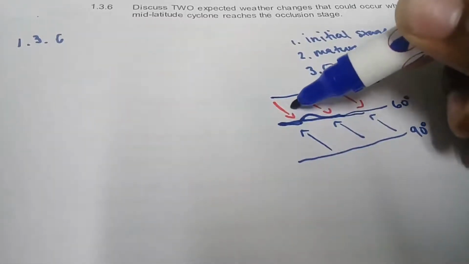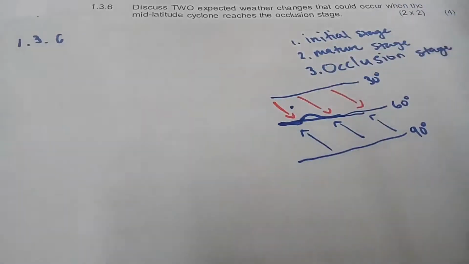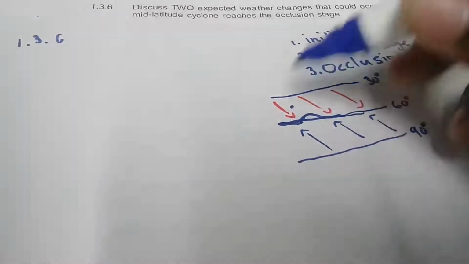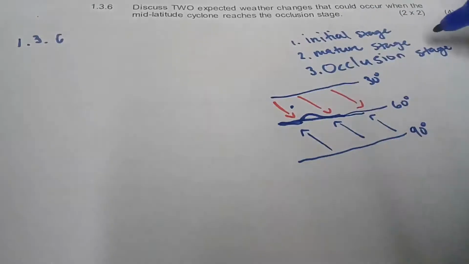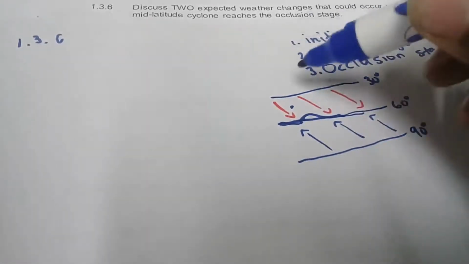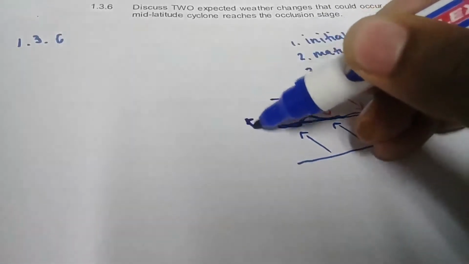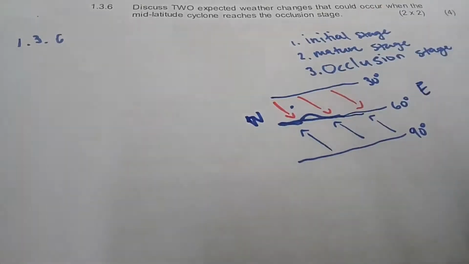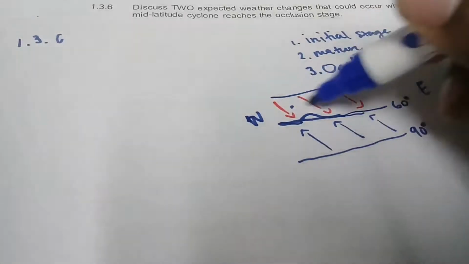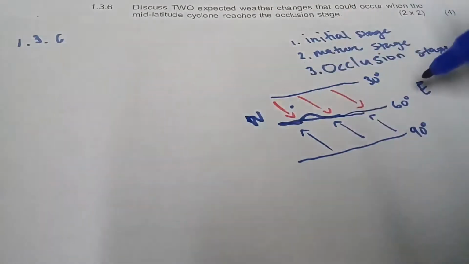Therefore, the system is going to start to move in either a clockwise or anti-clockwise direction, depending on the hemisphere, southern or northern, right? So we're meeting the mature stage now. It starts to move, and it spreads from west to east. Okay, that's mature stage.